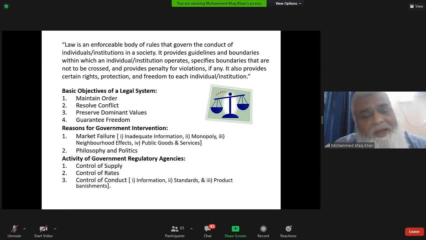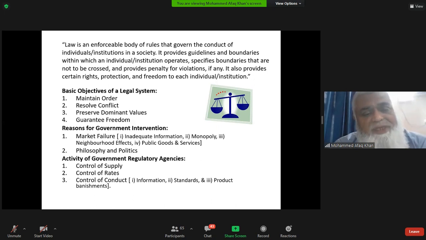So there is freedom given by the law, but the law also has specified the boundaries which are not to be crossed. For business organizations, there is freedom to conduct business or trade, but there are boundaries also specified under the law. Those boundaries are not to be crossed.